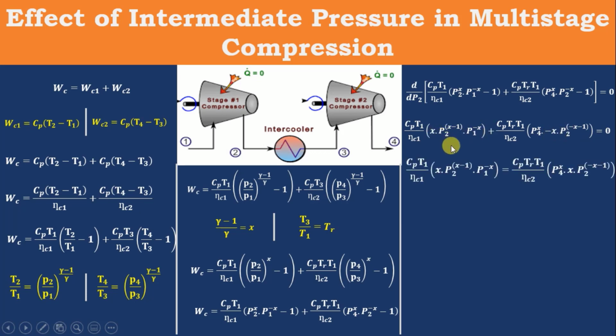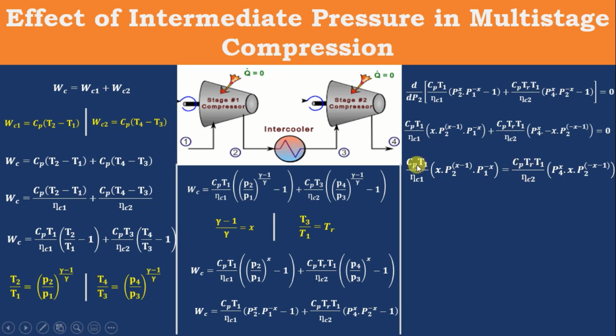So this equation can be written as Cp T1 divided by first compressor efficiency, x P2 power x minus 1, dot P1 power minus x, is equal to, minus becomes plus, Cp Tr T1 divided by second compressor efficiency, P4 power x, dot x P2 power minus x minus 1. So you can see here Cp T1 we have on the right side, and similarly here also on the left side.